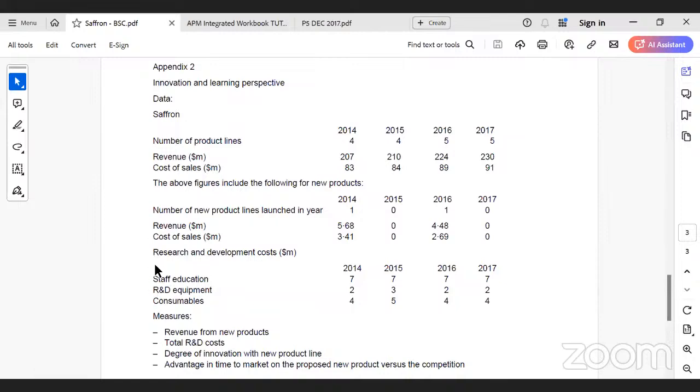Then research and development cost. Staff education, R&D, consumers. So revenue from new products, total R&D, degree of innovation with new product line, advantage in time to market on the proposed new product versus the competition.